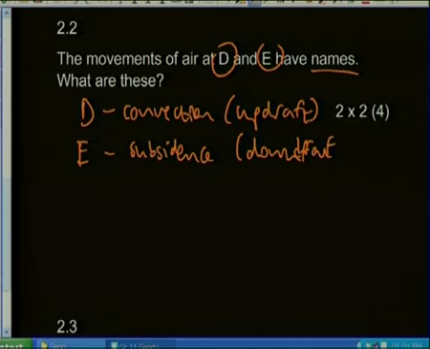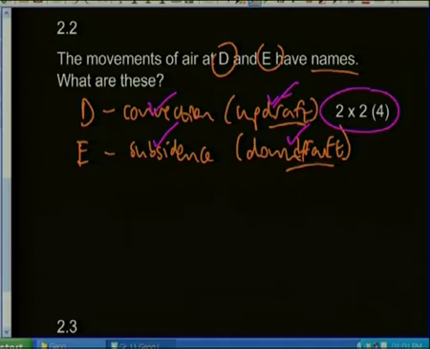D-R-A-U, not A-U-G-H-T, that's the other type of draft, eh? Draft here is movement of air, spelled like that. So we're getting 2 marks here for that and our explanation, and then 2 marks here for that and our explanation. There's 4 marks being earned here for question 2.2.